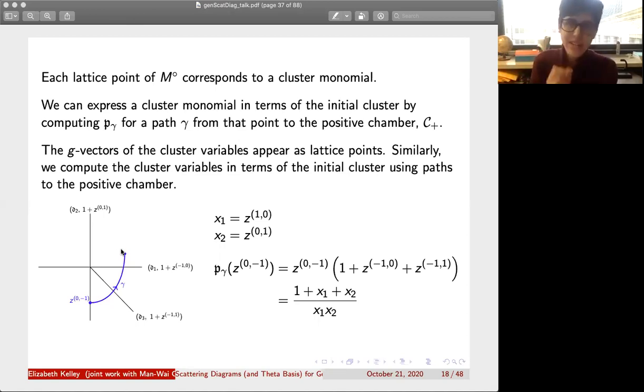It turns out that each lattice point corresponds to a cluster monomial, and you can express that cluster monomial in terms of the initial cluster by taking a path from that point to the positive chamber. And I said earlier that the G vectors of the cluster variables appear as lattice points. So you can compute expressions for the cluster variables in terms of the initial cluster by taking paths from that point to the positive chamber. And this is something we often want to do. These are the sort of Laurent polynomials that are very celebrated and interesting to us.